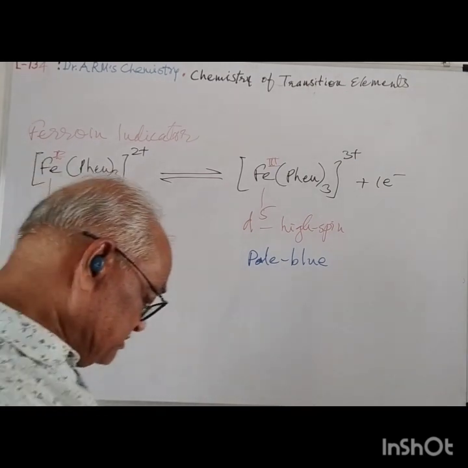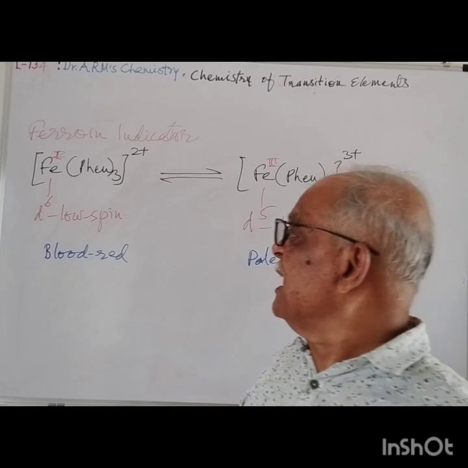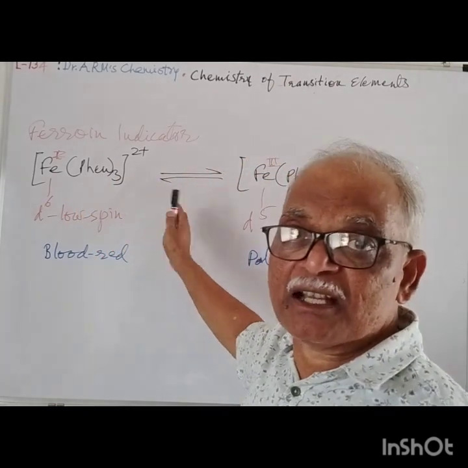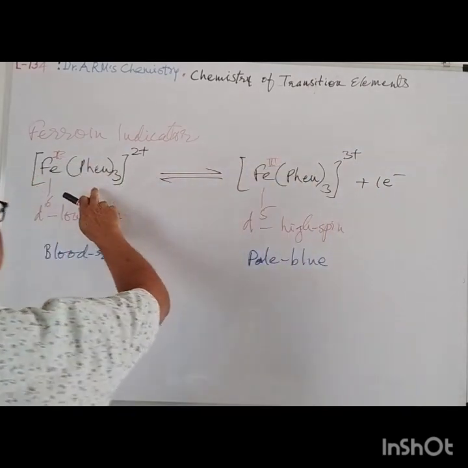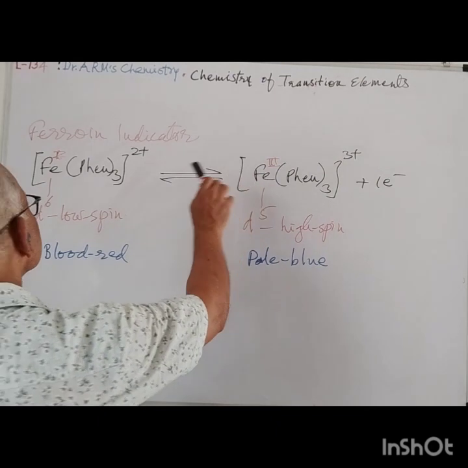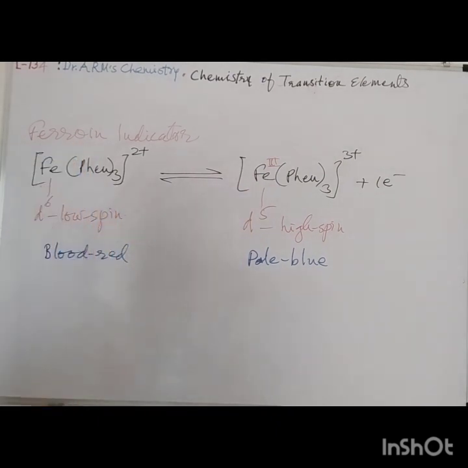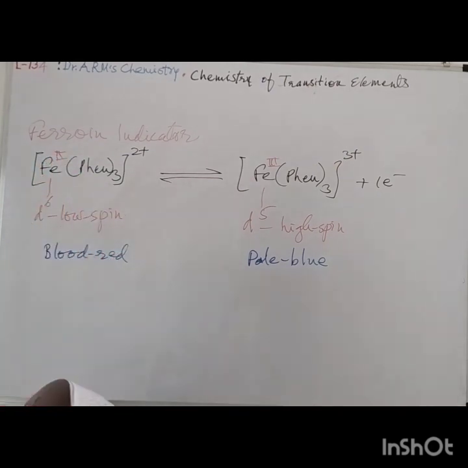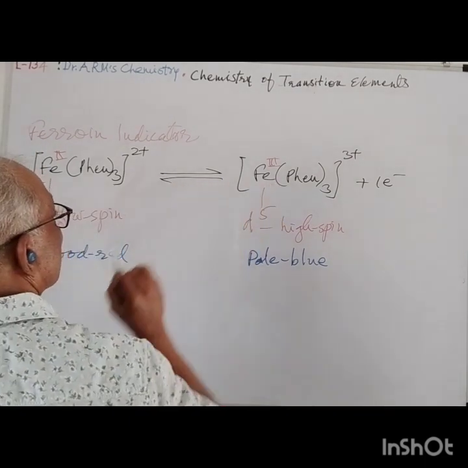Now we will see that the reaction takes place in a reversible way. This ion containing Fe2 plus is converted into the Fe complex in the 3 plus state.